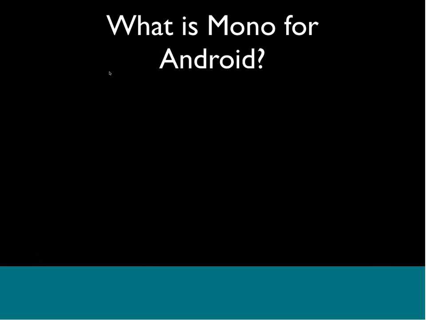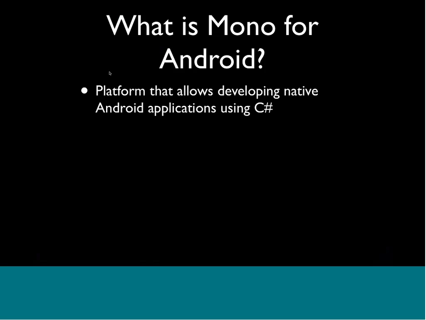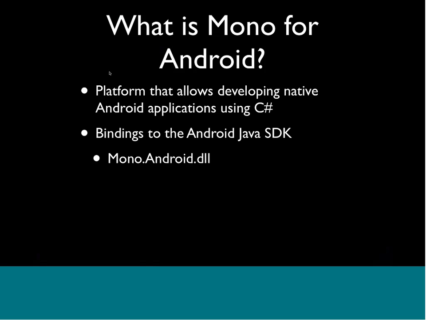So let's get started. What's Mono for Android? It's a platform that allows you to develop native applications for Android using C#. The Android SDK is available with Mono for Android, and we expose it through something we call bindings that are available in a DLL that ships with Mono for Android, called mono.android.dll.